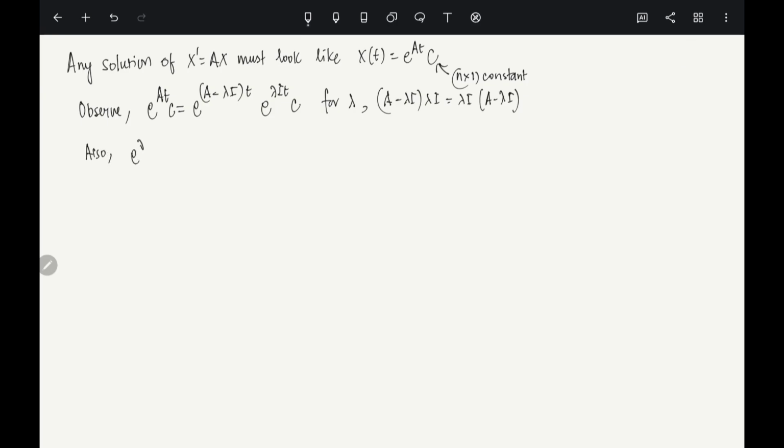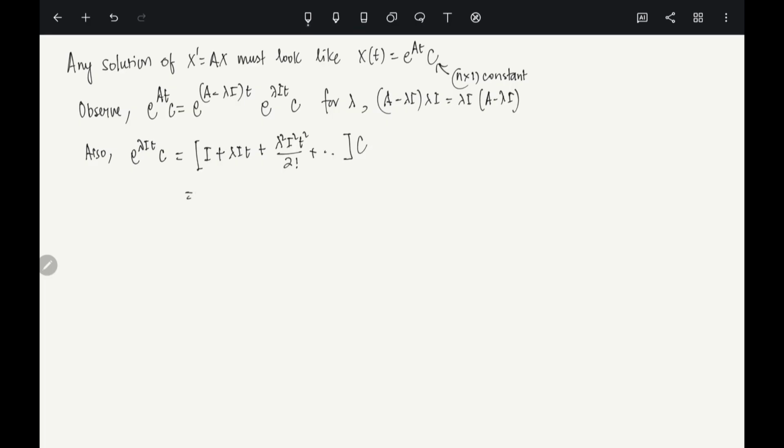Also, e to the power lambda I t acting on a matrix C. What is it? Let's just write it down: I plus lambda I t plus lambda squared I squared t squared by 2 factorial, up till infinity, times C. Now if you multiply this, what is the lambda part?